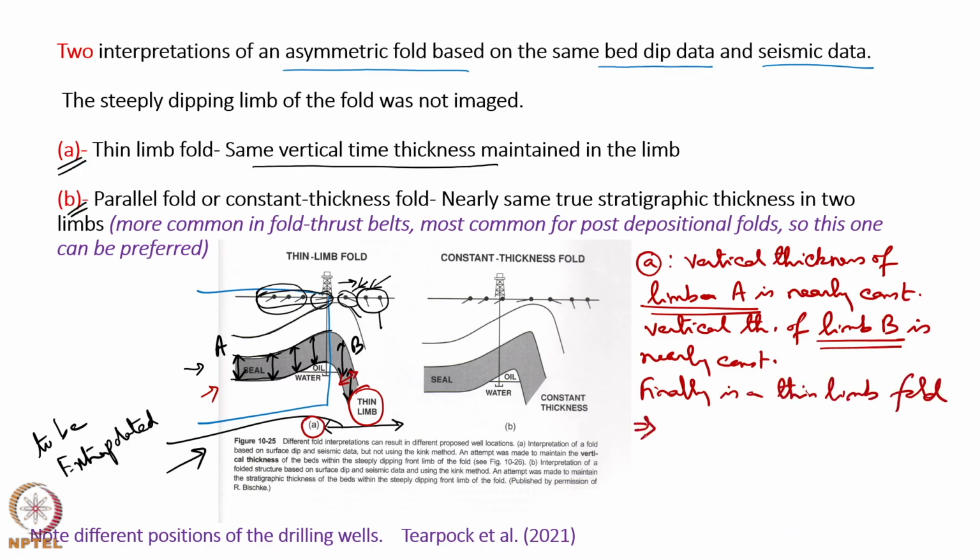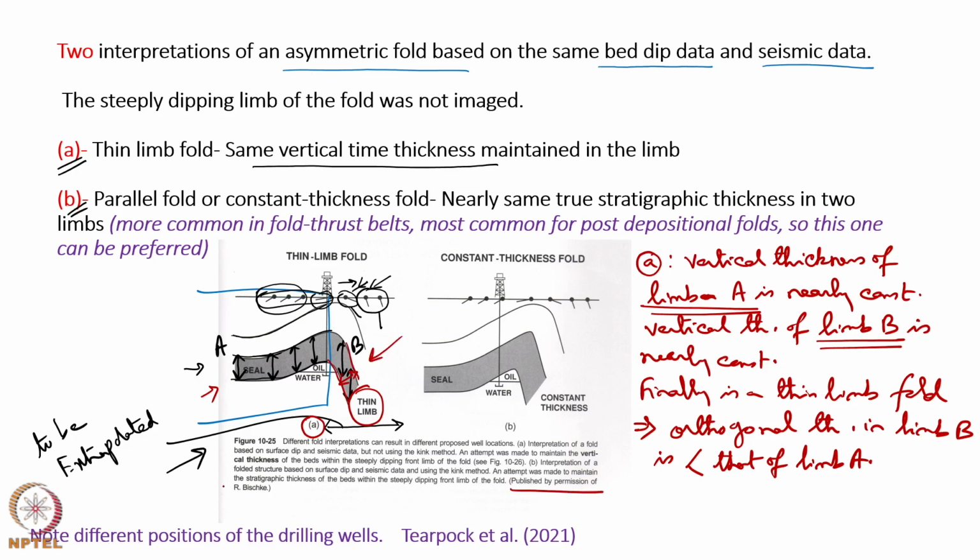It means that the orthogonal thickness in limb B is less than that of limb A. It is not that from this dipmeter log data this limb is automatically produced. It is a part of a big work where only the summary is presented. This is a summary diagram.